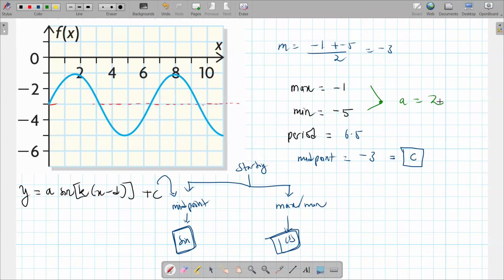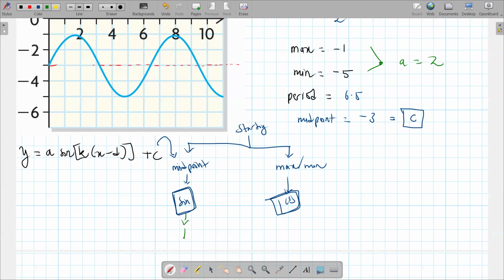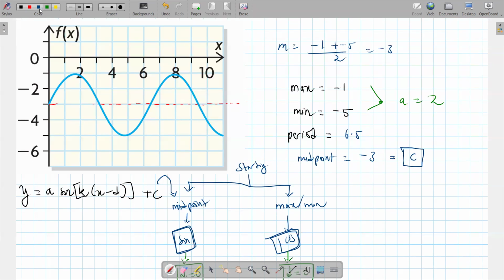D. If it starts at a midpoint, you're using a sine function, the D value is 0. That's why we use this. It's to make the D value 0. If you're using a max min and a cos, the D value will be 0. So in this case, because our function is starting off at the midpoint, that's the starting point, our D value is going to be 0.